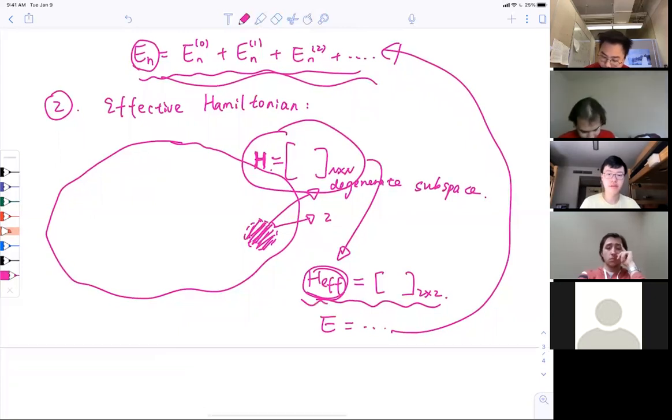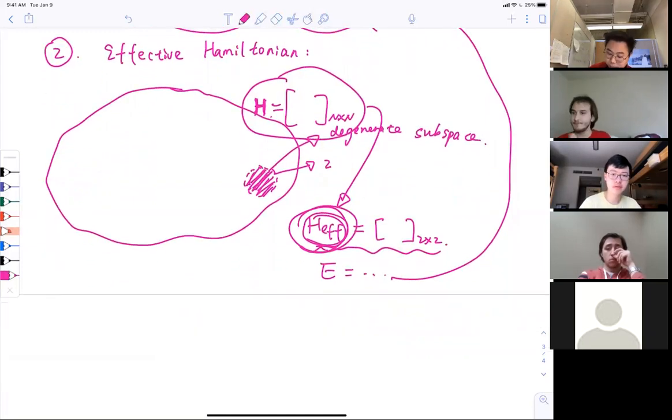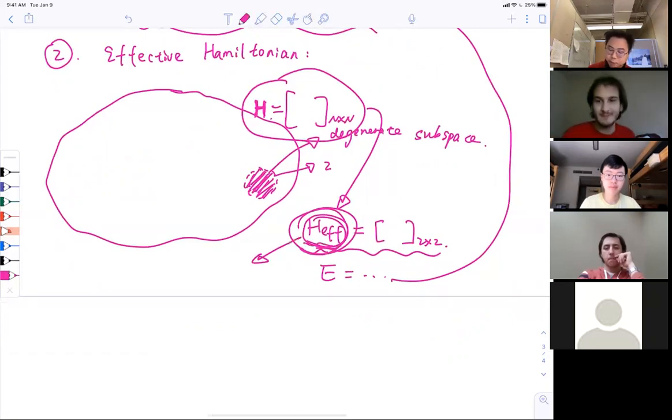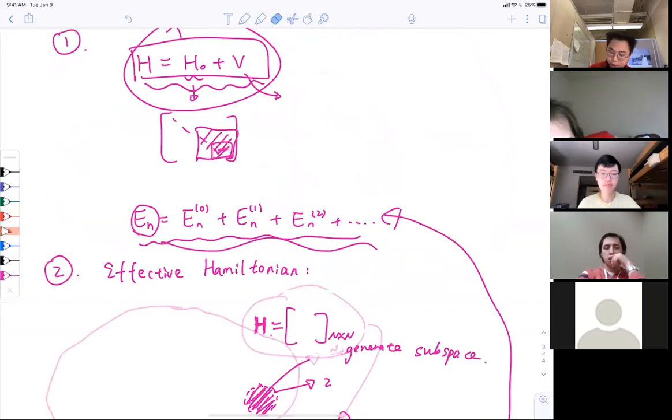Then we work with this effective Hamiltonian and get the energy. This is more helpful because in real cases, we may not only care about the energy, we also care about other properties. In that case, we can calculate quantities directly from this small effective Hamiltonian instead of working with the large Hamiltonian.